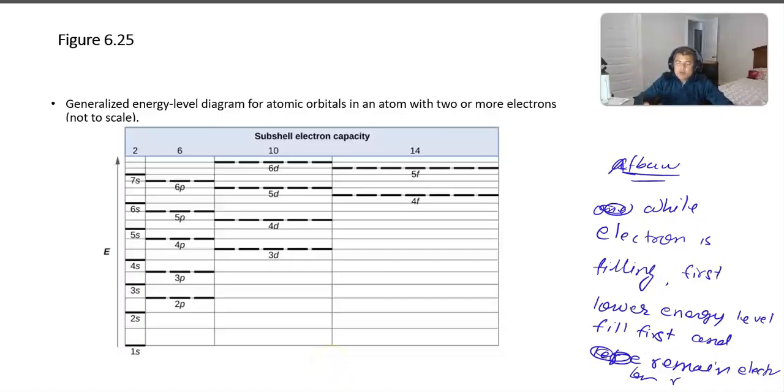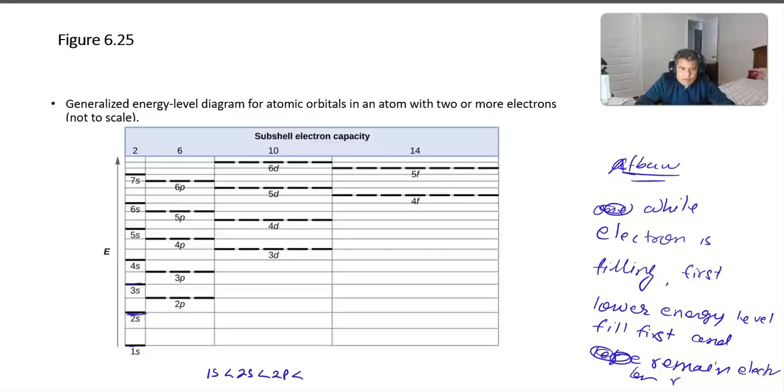For example, let's see here, the 1s orbital has less energy than 2s. The energy of 2s is less than 2p, there are 3 2p's, and 3s has more than 2p, 3p has more than 3s. So 1s is less than 2s, which is less than 2p.